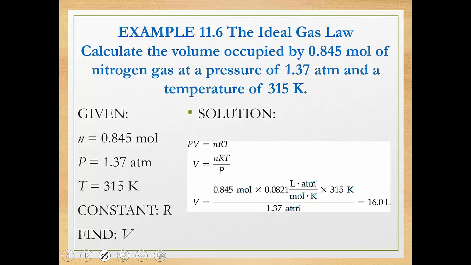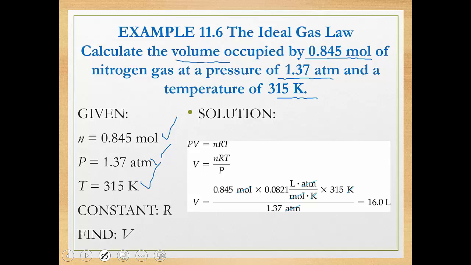So in this example, we are given a gas with 0.845 moles of nitrogen gas, pressure is 1.37 atmospheres, temperature is 315 Kelvin, and I want to know the volume. What is the volume? Okay, first thing I do, I check my units. I need moles, I have moles. I need atmospheres, I have atmospheres.